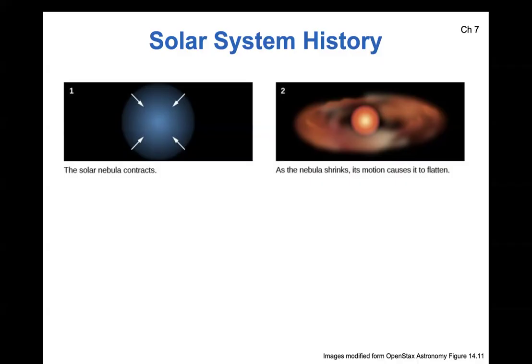And the flattening happens because of the random collisions that are occurring all of the time, in this case, under conditions of rotation. And so as random collisions happen but rotation is present, the direction that becomes predominant is going to be a direction parallel to the plane of rotation.